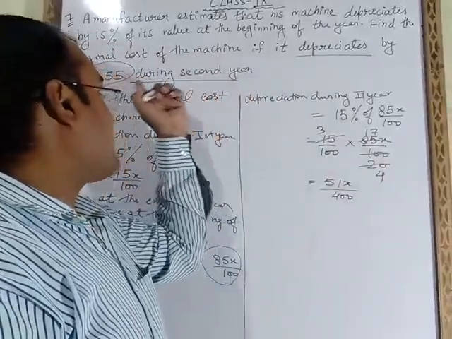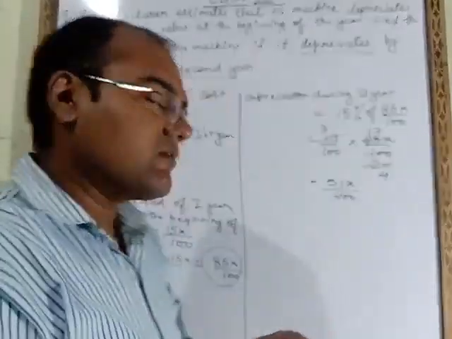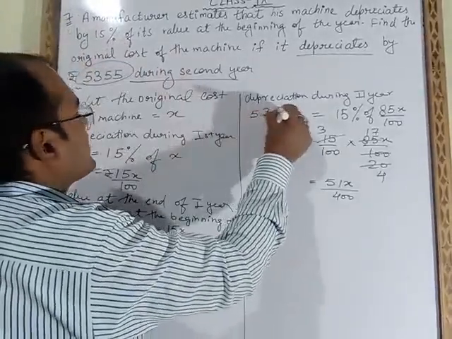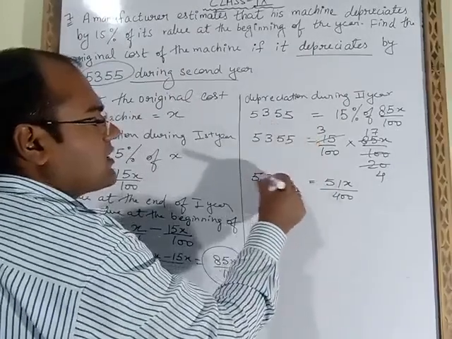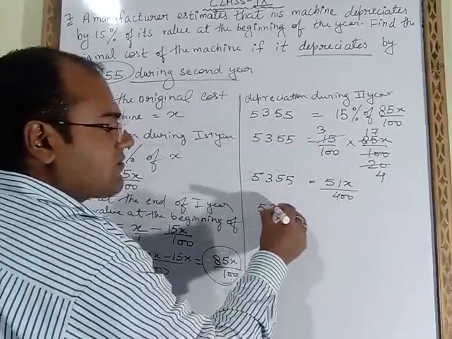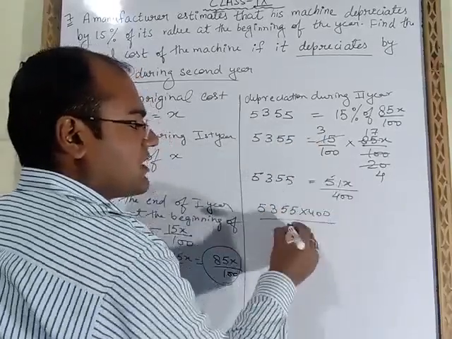This is also depreciation during the second year. So we will keep these two things equal. Here we will put 5355. Now this 400 is in divide, we will bring it to multiply. So x equals 5355 into 400 divided by 51.